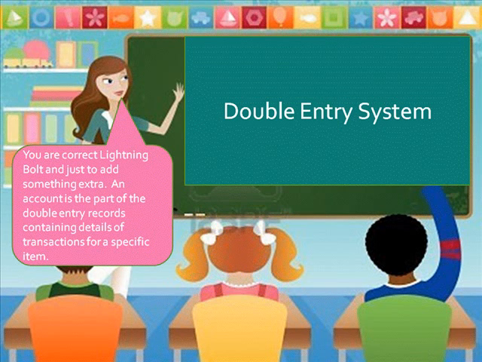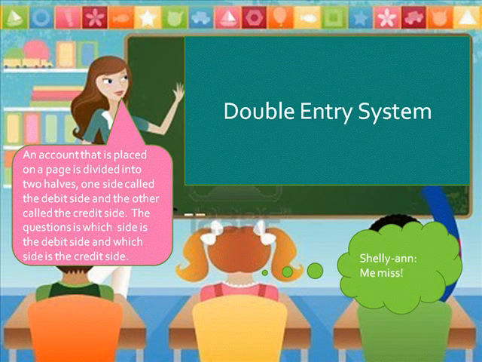And just to add something extra, an account is the part of the double entry record containing details of transactions for a specific item. An account that is placed on a page is divided into two halves, one side called the debit side and the other called the credit side. The question is, which side is the debit side and which side is the credit side?